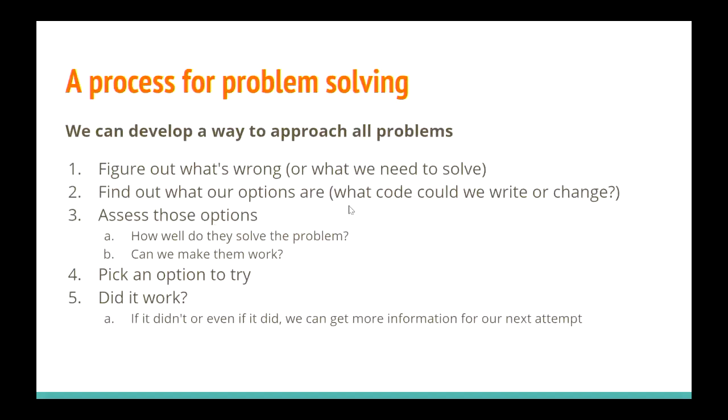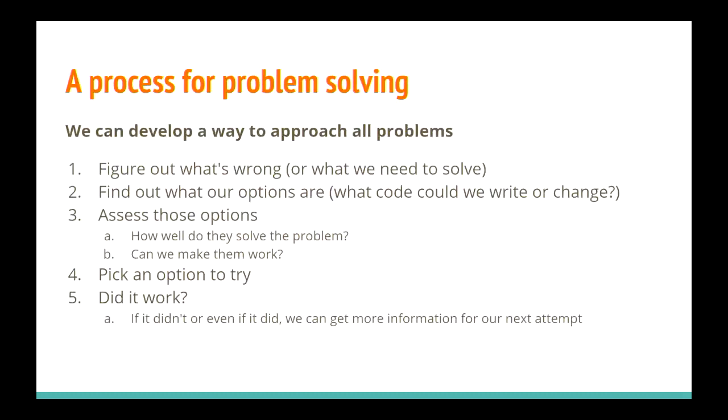But we can look at our options and we can decide how well each of these options applies to the problem. So some options will 100% solve the problem that we have, but they may not be feasible for us to do. So if every time you needed to move between two buildings on campus you called an Uber, I think you're going to run out of money pretty quickly. Although it's going to be cheap because they pretty much drop you off where they picked you up.